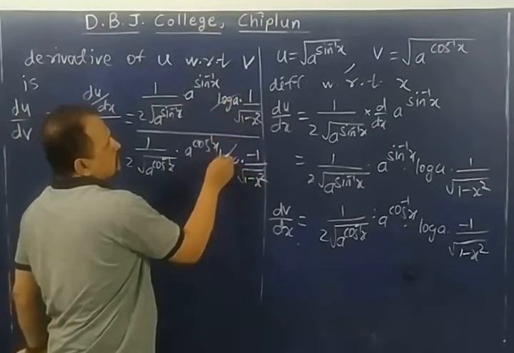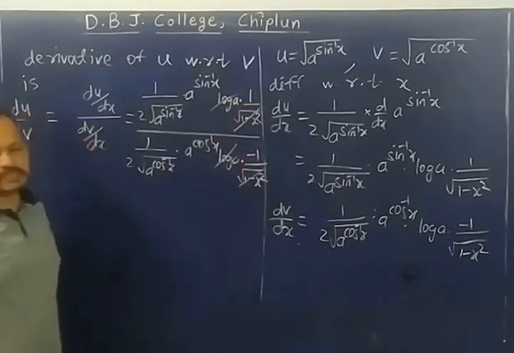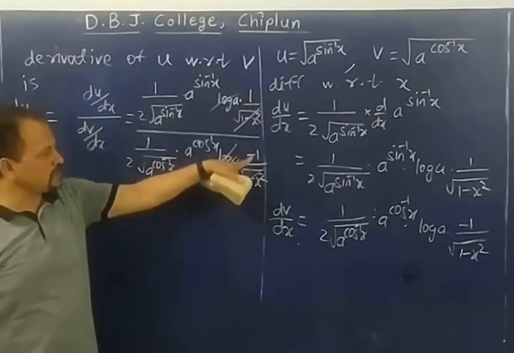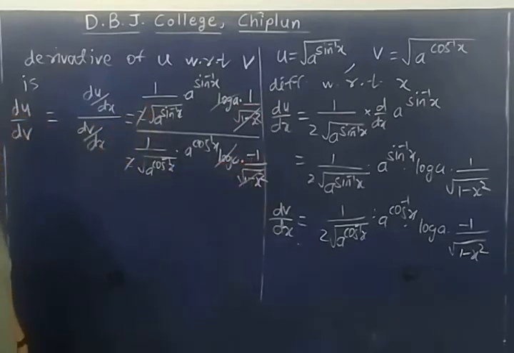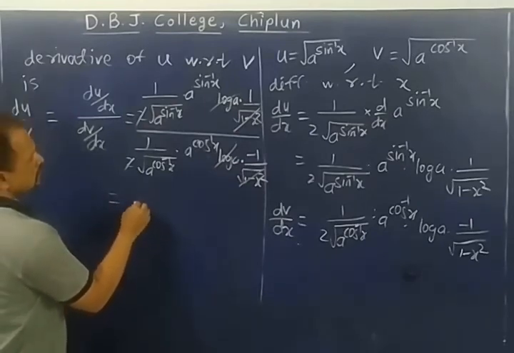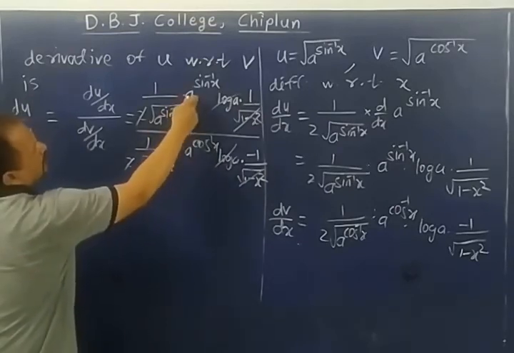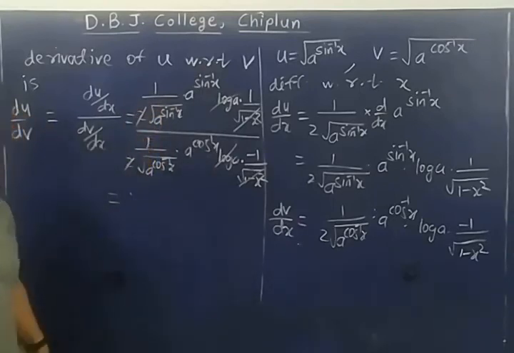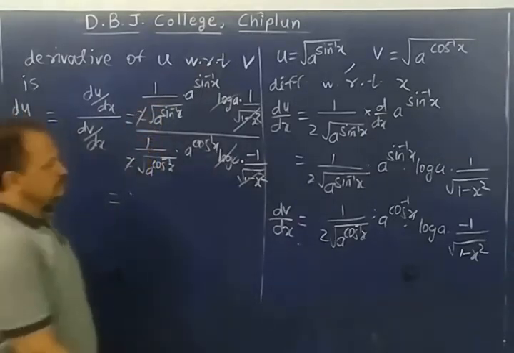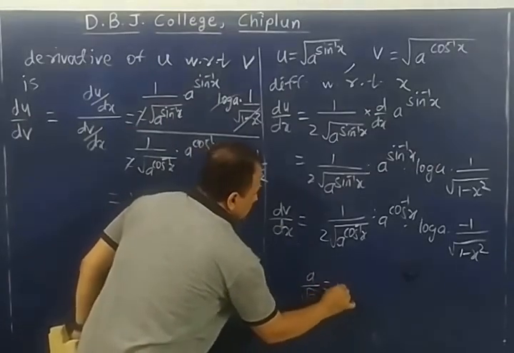Log a cancels out, 1 upon under root 1 minus x square cancels out, negative 1 remains, 2 cancels out. Now this is equal to a upon square root a. a upon square root a is square root of a.